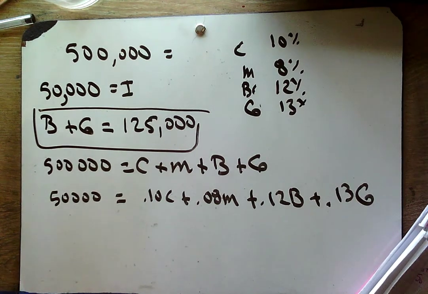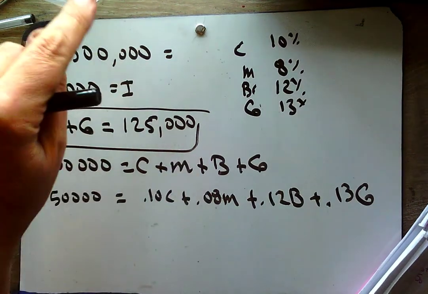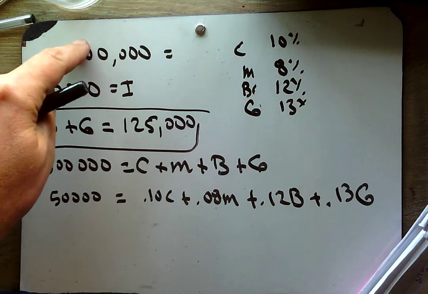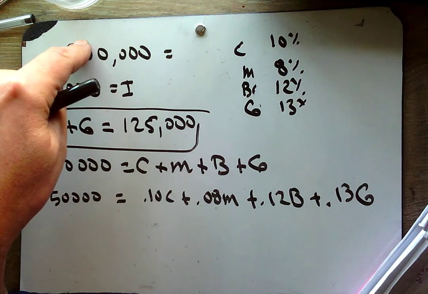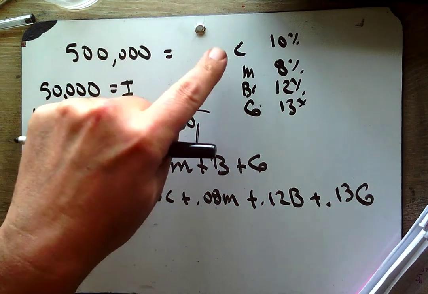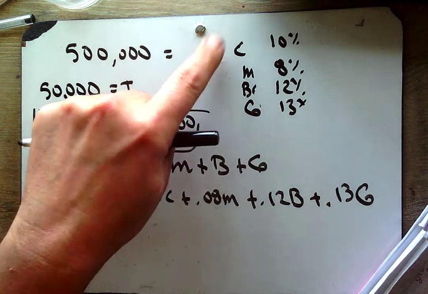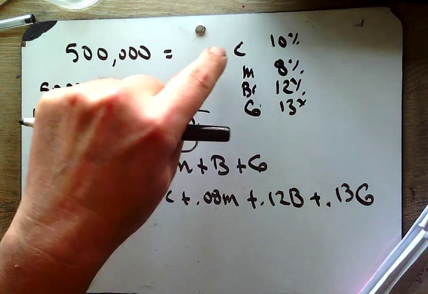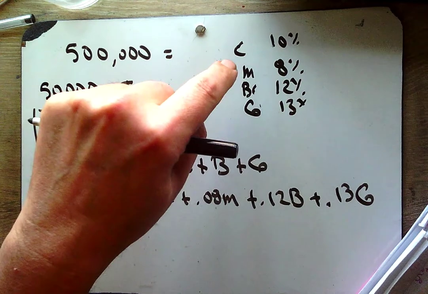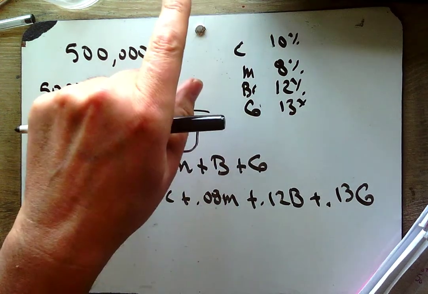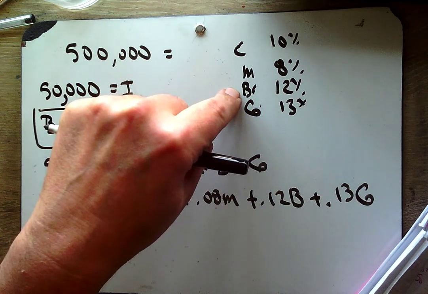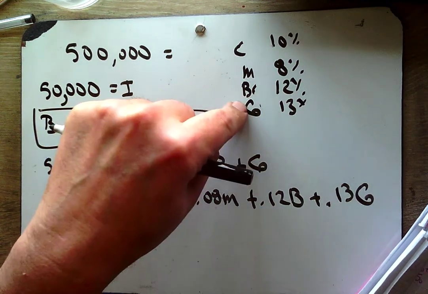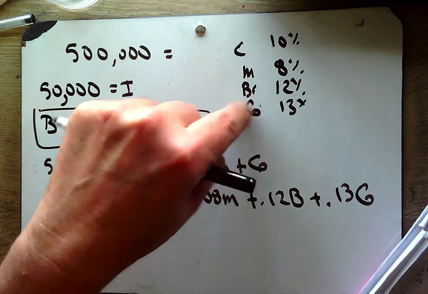So let's go back and read this some more and see if we missed anything. Consider an investor with a portfolio totaling $500,000 invested in certificates, bonds, blue chip stocks, growth stocks. How much is invested in each type? Certificates of deposit pay 10%, municipal bonds pay 8%. Over a 5-year period, the investor expects blue chip stocks to pay 12% and growth stocks to pay 13%.